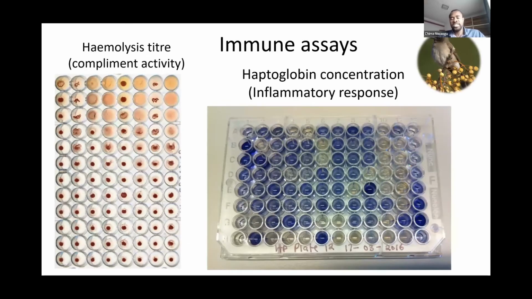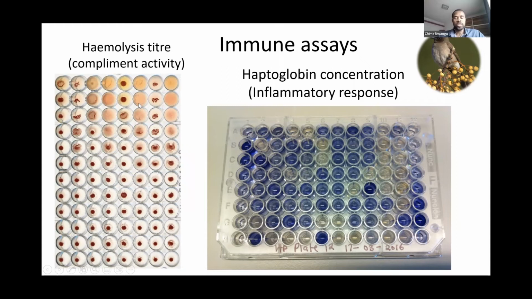So for this part of the study, for the blood samples we collected, we measured lysis, which is complement activity, and we measured haptoglobin concentration, which is a measure of inflammatory response.